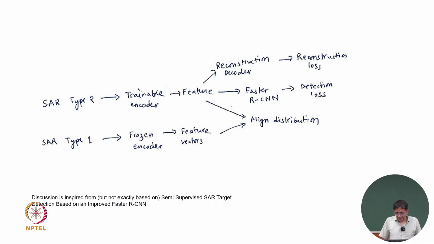On top of this, to further enhance the performance, we can also have a reconstruction decoder which reconstructs back the image, similar to the autoencoder we talked about, and we can further use a reconstruction loss for further enhancing the performance. At the end, the goal is for the SAR type 2's trainable encoder to enhance its performance.